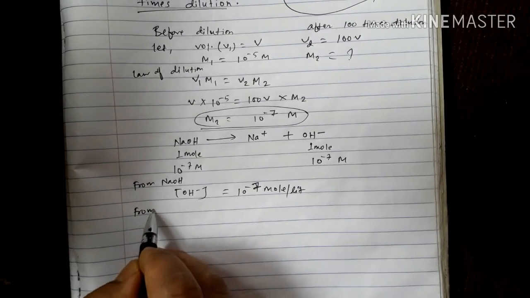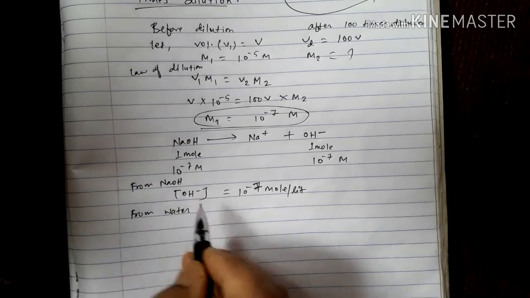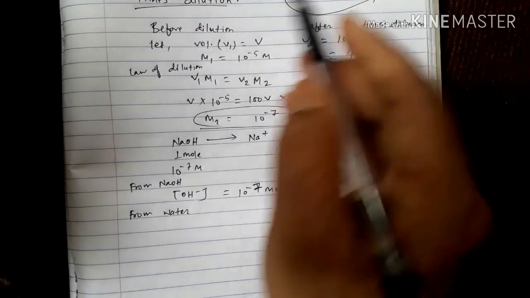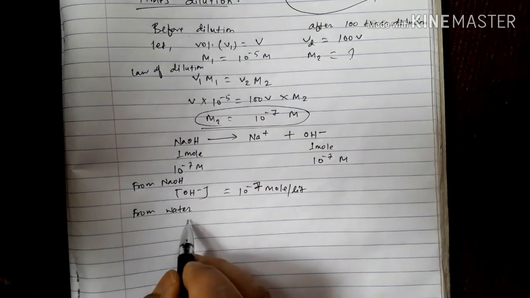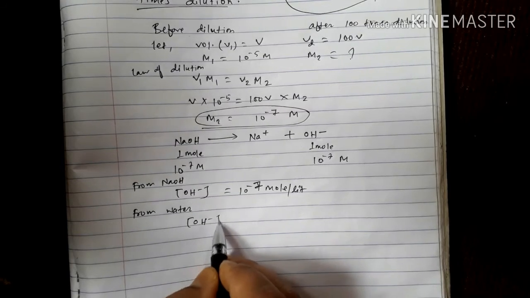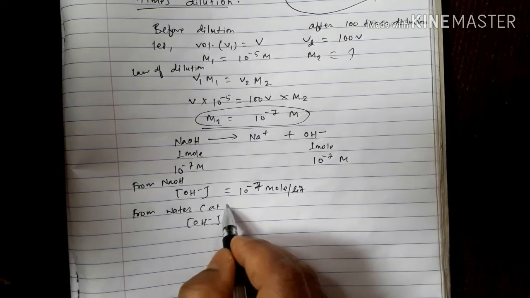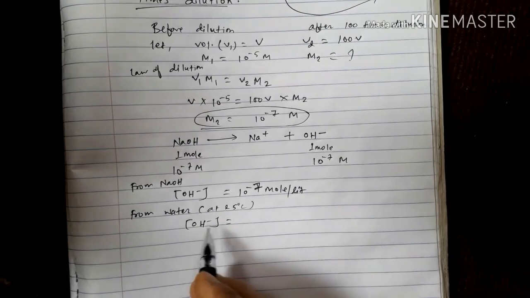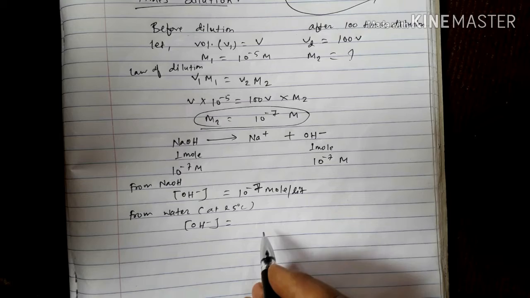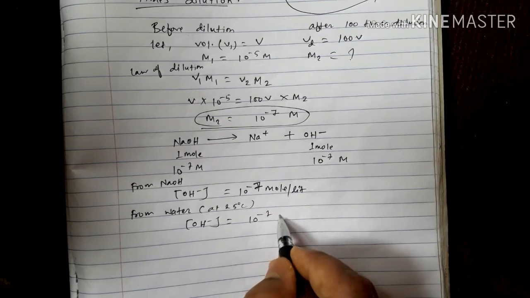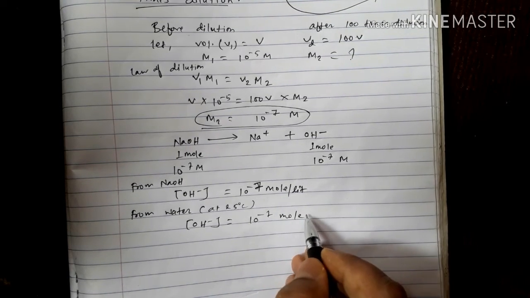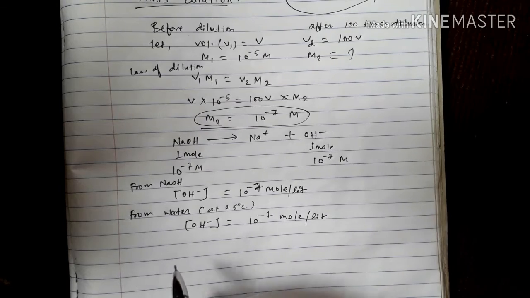From water, because the NaOH solution is prepared in water, water also gives OH minus ion. From the ionic product of water at 25 degrees centigrade, what we calculated, the concentration of hydroxide ion is also 10 to the minus 7 moles per liter.